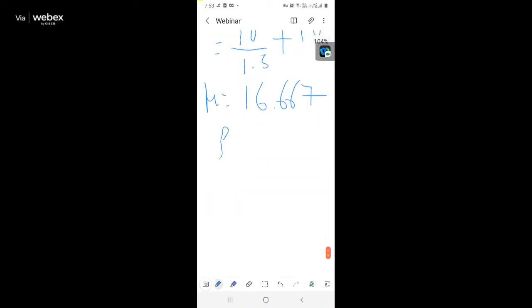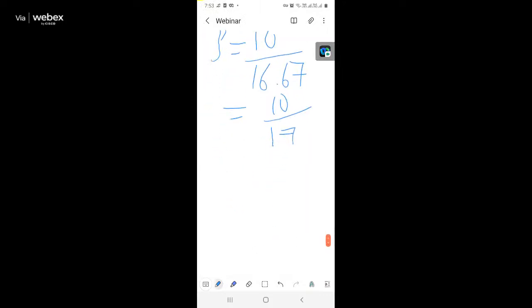Then they're asking for rho, it is 10 by 16.67, or I can take it as 10 by 17 approximately. Please tell the final answers so that you can give the final touch-up.